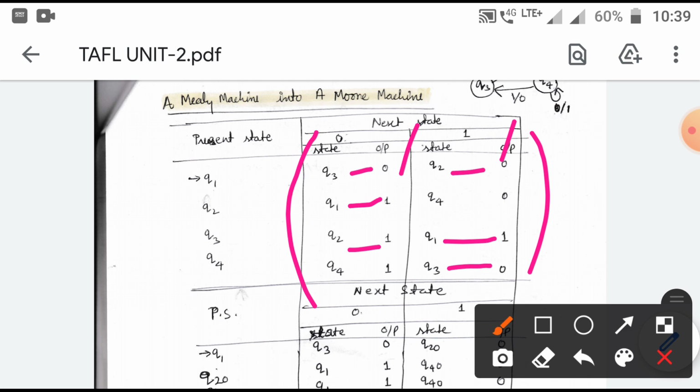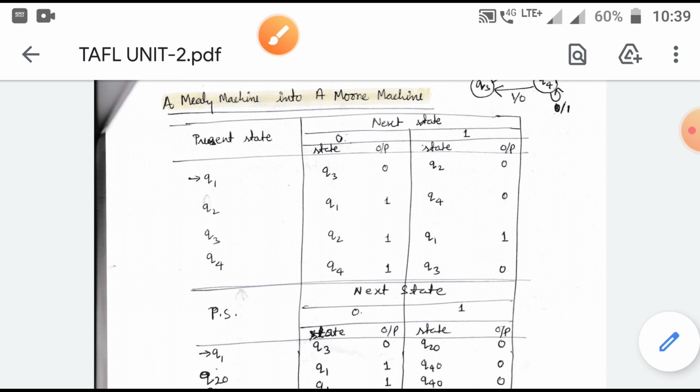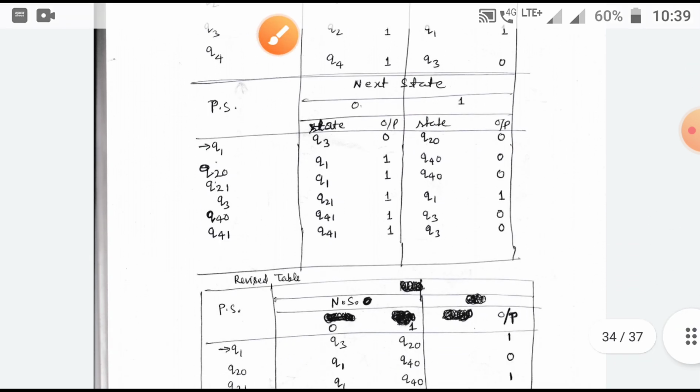As per the name we can remember it. And Q4 is also associated with 2 types of output alphabet, 1 and 0, so it will also be split into 2 parts, Q41 and Q40.